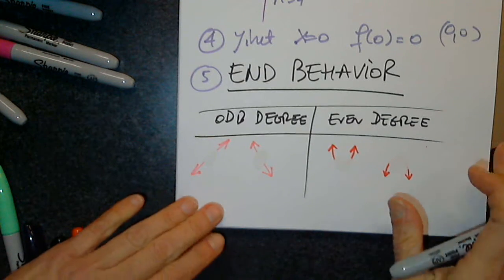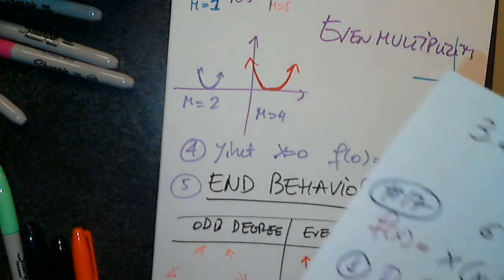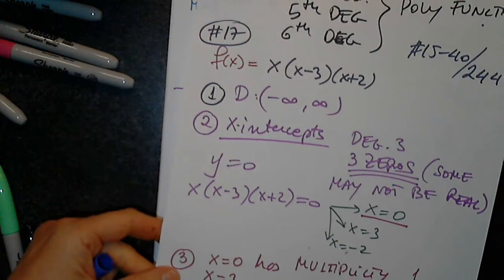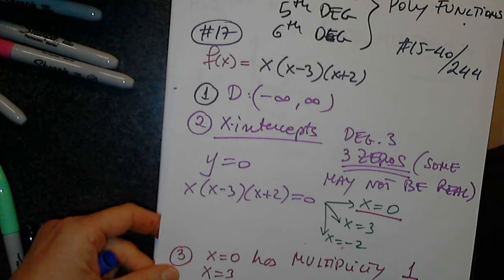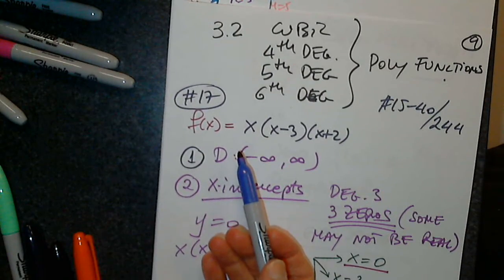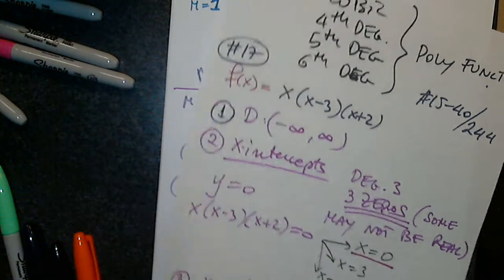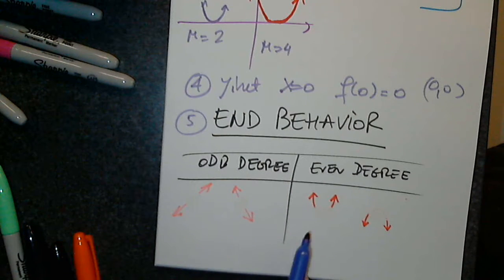Okay, so I'm back to my function. What do I have to identify then, to find the end behavior? Right, exactly. So what is the leading coefficient of this polynomial? It's positive. Right. What is the degree again? 3. Okay, which is it, 1, 2, 3, or 4?